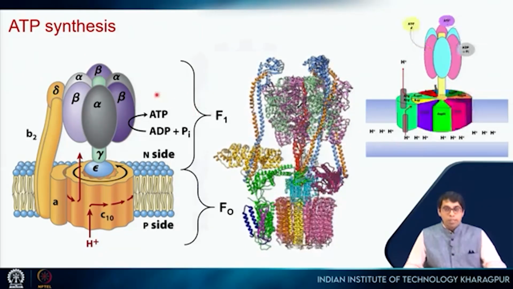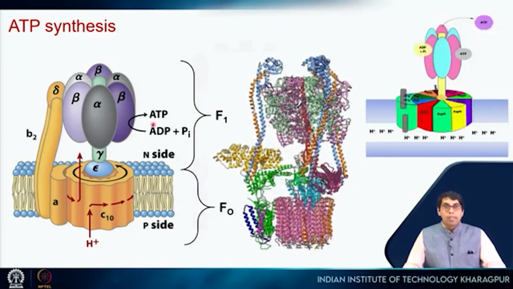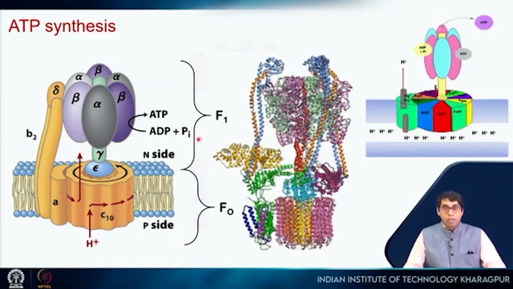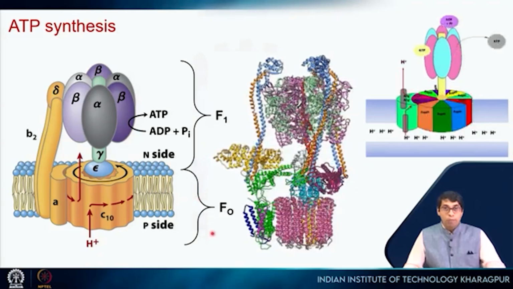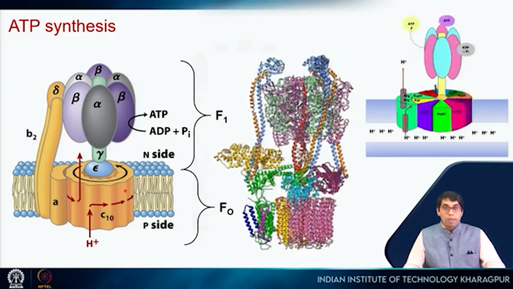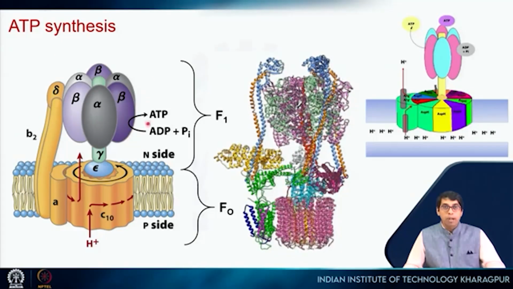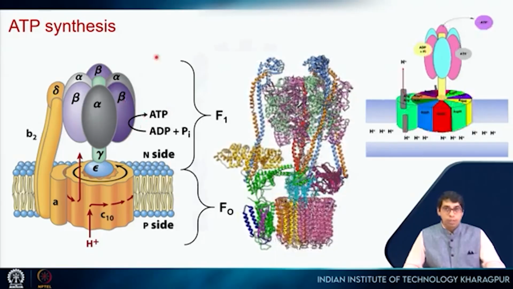Now based on the structure that is known to date, this machine is grouped into two, F1 and FO. FO is the integral membrane part, and F1 is where the ATP synthesis happens, and it is in the matrix of mitochondria.